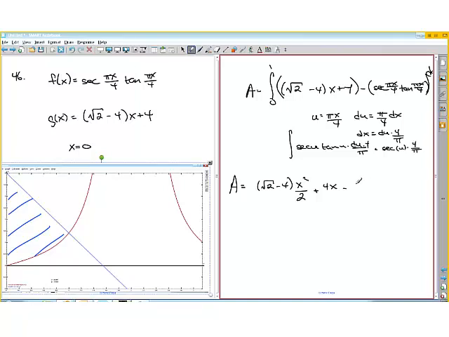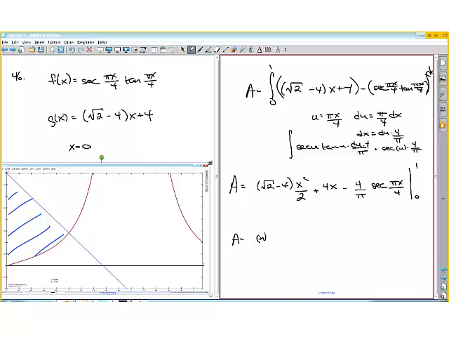So we'll move that out front, so you get negative 4 over pi times the secant of pi x over 4. I'm just thinking here, I'm going to evaluate that between 0 and 1. So the 0 for these two goes to 0, and you end up with the first part.